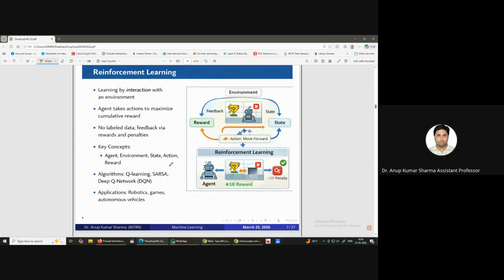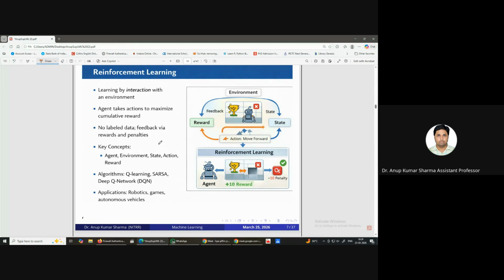The system is embedded with that type of data, and in our network, on that process, it will respond in that way. So it is learning by interaction with the environment.